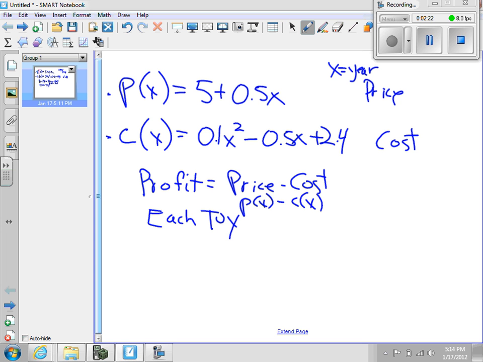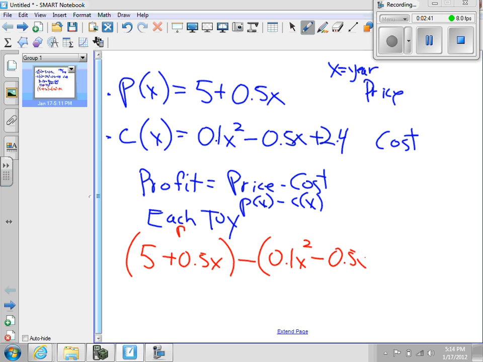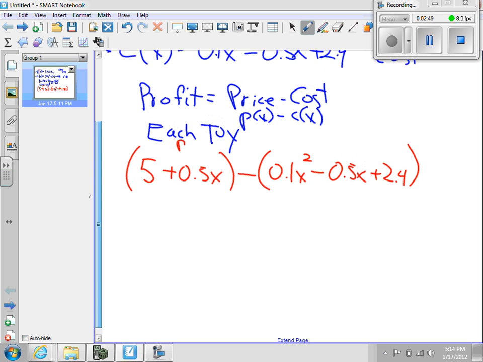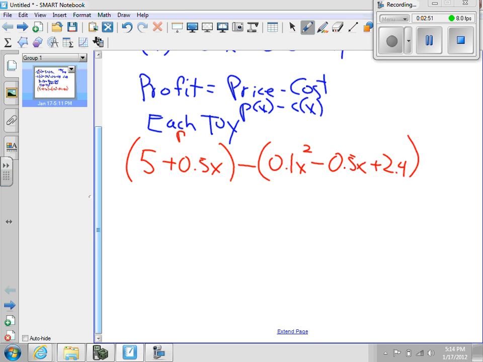So my P of X is 5 plus 0.5x. That's my P. And I'm going to subtract from that my cost, which is 0.1x squared minus 0.5x plus 2.4. So now I have a situation where really all I have to do is subtract two polynomials.